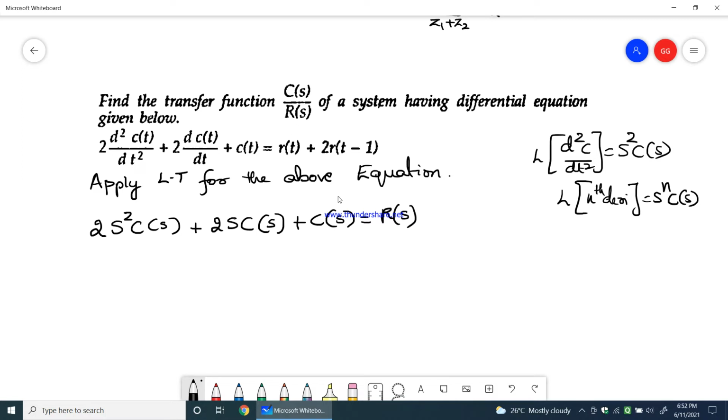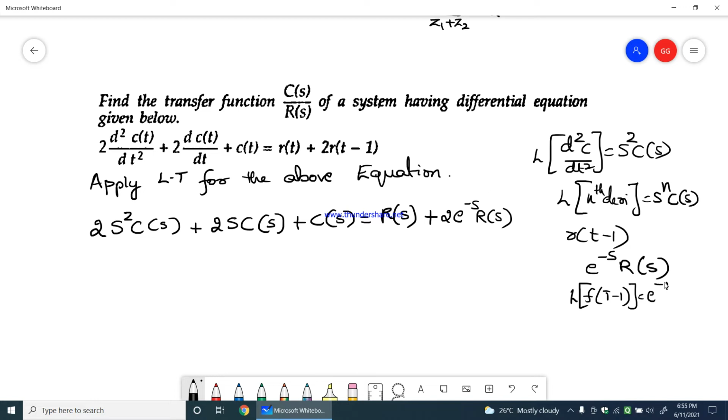The Laplace of R of t is R of s, plus R of t minus 1 would be 2 into e power minus s into R of s, because the Laplace transform of the function f of t minus 1 would be equal to e power minus s into F of s.